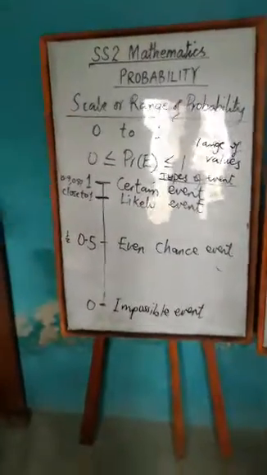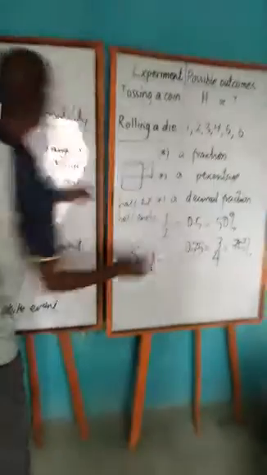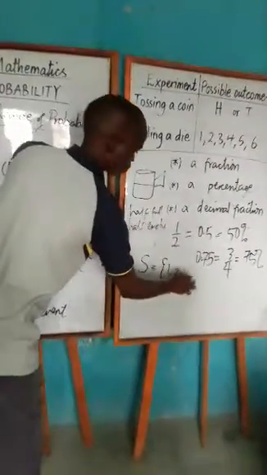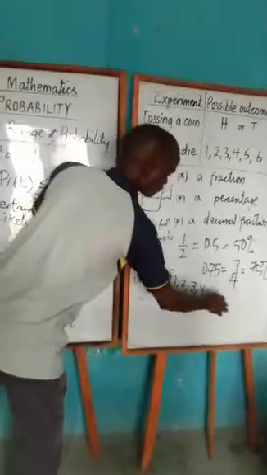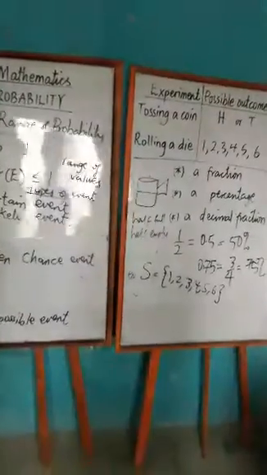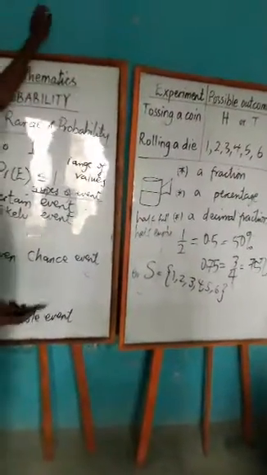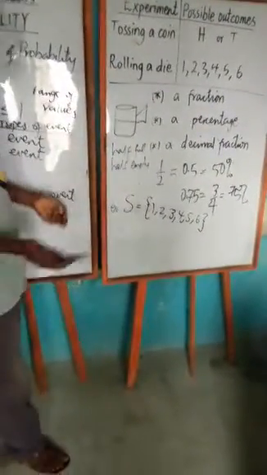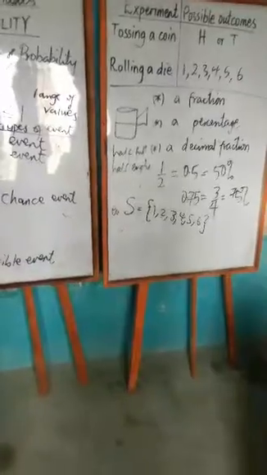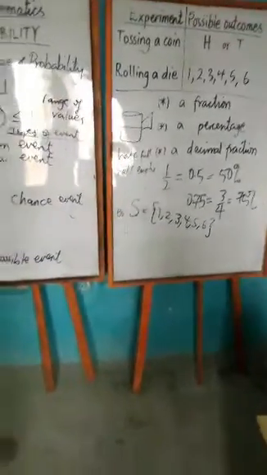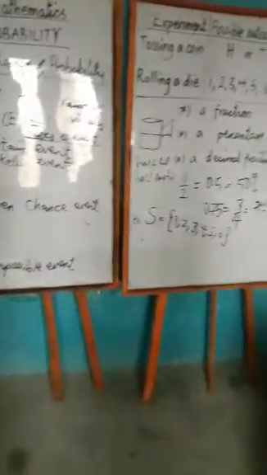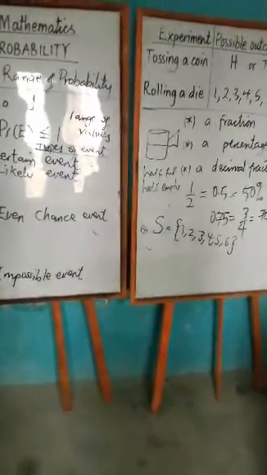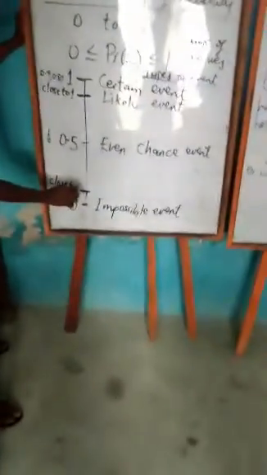For example, in my explanation on sample space on a die, 1, 2, 3, 4, 5, 6, if I ask you to find the probability of obtaining a 7 from throwing a die, it's not possible. So the probability is 0, so it is impossible. An event that has a probability close to 0 is an unlikely event.